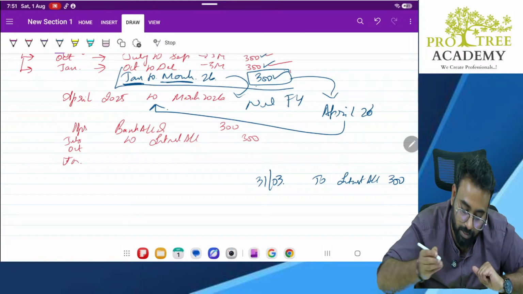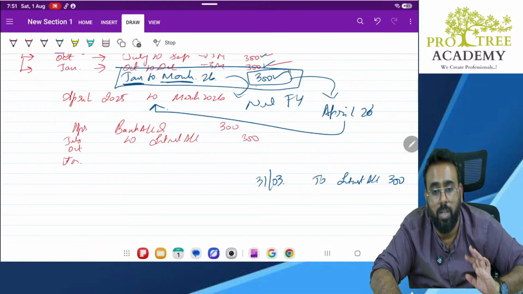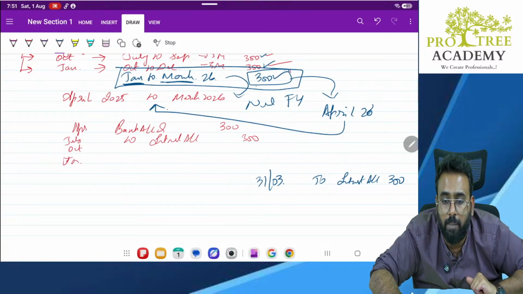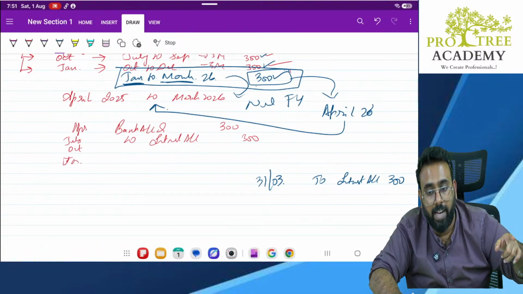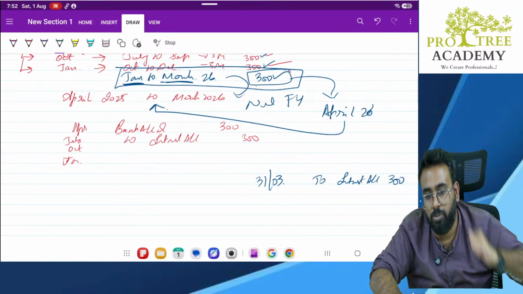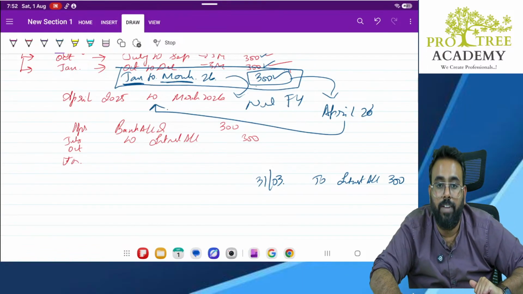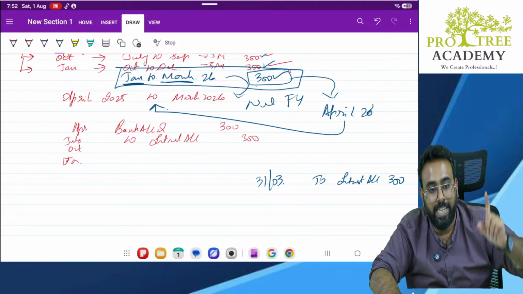To record this interest. But has this interest already been received in your bank account? No, sir, it has not been received in our bank account. Correct, sir. So, what will we do? We will show it in bank account or no? No, we can't show it in bank account. Why can't we show it in bank account? Because it is not yet received, sir. Right. So, what can we show? Is it receivable? Yes, sir, it is receivable. So, can we show it as receivable?